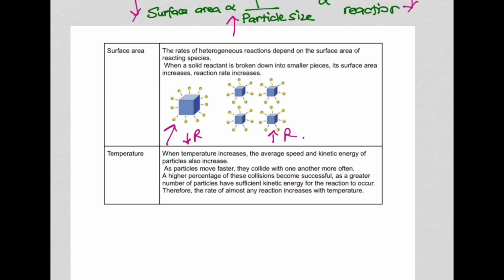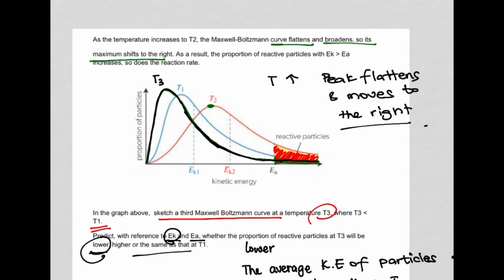So if you remember the graph from last time, you can see here that when temperature increases, so T2 was higher temperature, the number of reacting particles increases because the number of particles with energy greater or equal to activation energy increases.